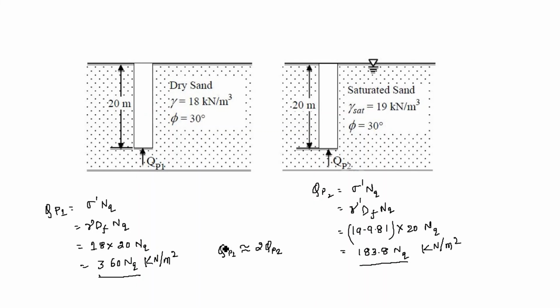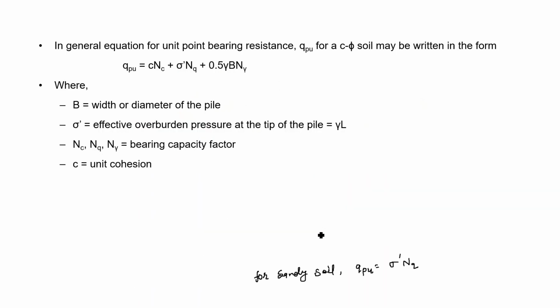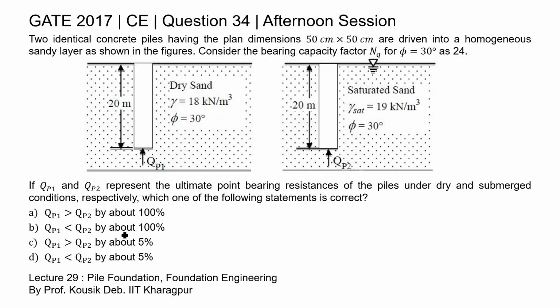We have just observed that Qp1 is almost equal to twice of Qp2. So we can say that Qp1 is greater than Qp2 by 100%. Since it is almost double, we can write that this is 100% more than this value. So in this option, we can say Qp1 is greater than Qp2 by about 100%.